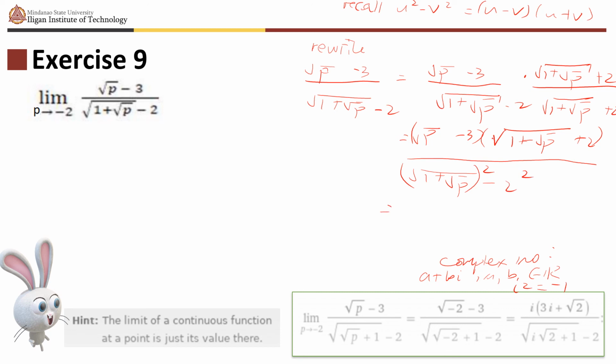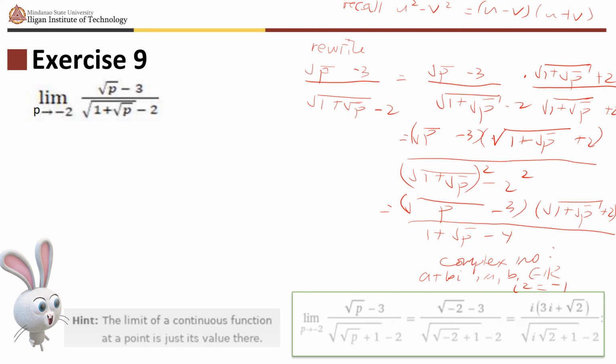So this should give us the square root of p minus 3 times the square root of 1 plus square root of p plus 2 all over, we can get rid of the radical sign as well as the 2 there, so 1 plus square root of p, minus 2 squared, so minus 4, but 1 plus square root of p minus 4 will give us square root of p minus 3.